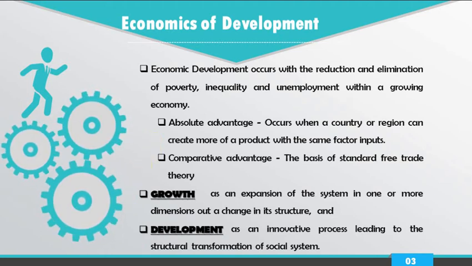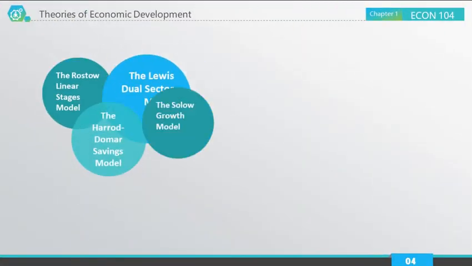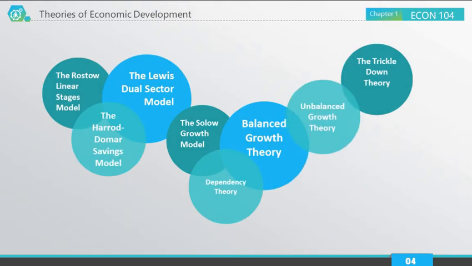Next is, ayan. Ito na po yung mga teorya natin. Okay? So, the first theory is the Rostow linear stage model. So, dito, this kind of theory argues what should be achieved, no? Ano ba yung tinatawag na modernity? Saan ba tayo dapat sumabay? Okay?